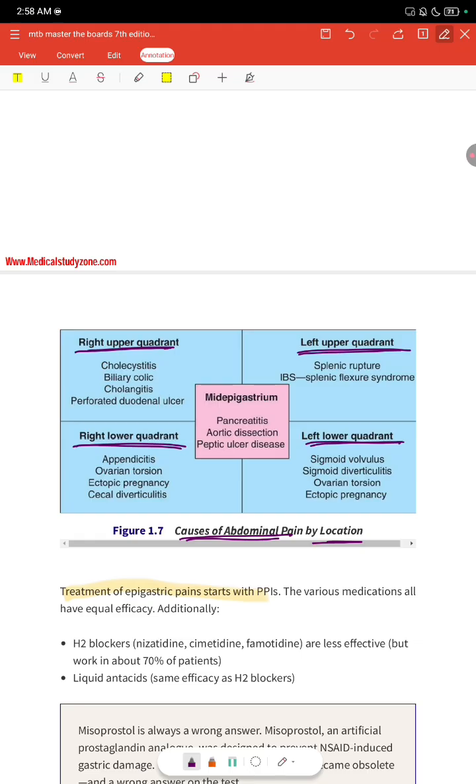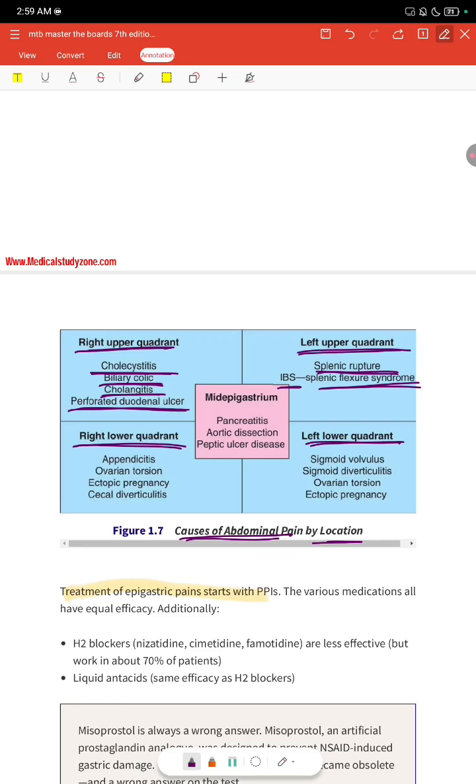In the right upper quadrant, if there is the complaint of pain in this location and site, it indicates that it might be caused by cholecystitis, biliary colic, cholangitis, or perforated duodenal ulcer. If it is in the left upper quadrant, it may be due to splenic rupture or IBS, splenic flexure syndrome.